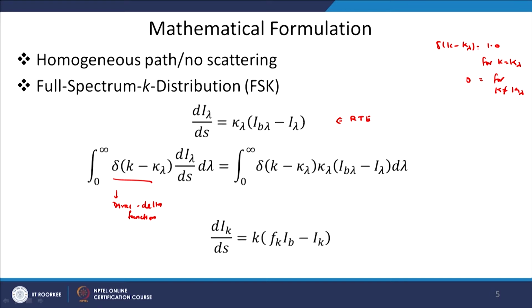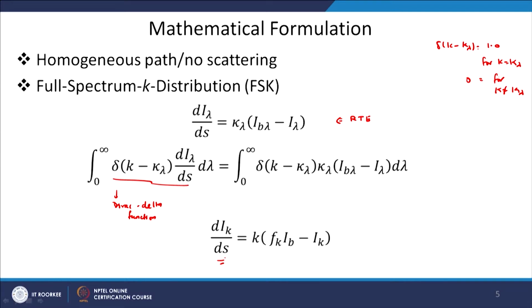Now, once we multiply this RTE by this function, we understand that for all the wavelengths where kappa lambda is not equal to k, the RTE simply vanishes. So, our left hand side reduces to dIk by ds, because all the wavelengths where kappa lambda is not equal to k will simply be 0.